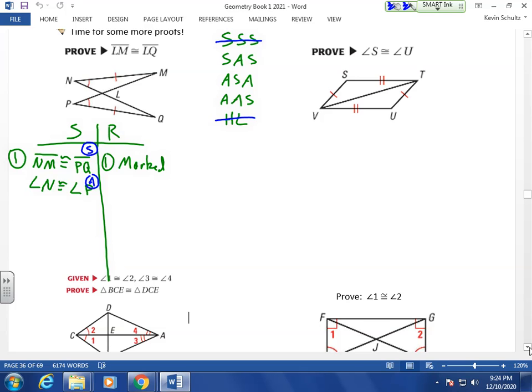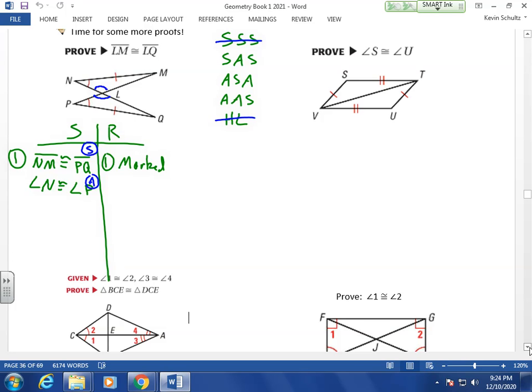Some questions you might ask yourself here. Can I use the reflexive property? That's a common one. Do I have parallel lines? That would help me with angles. Do I have vertical angles? Oh, yeah. I've got vertical angles here with NLM and PLQ.